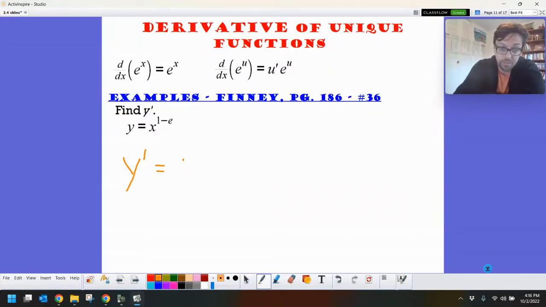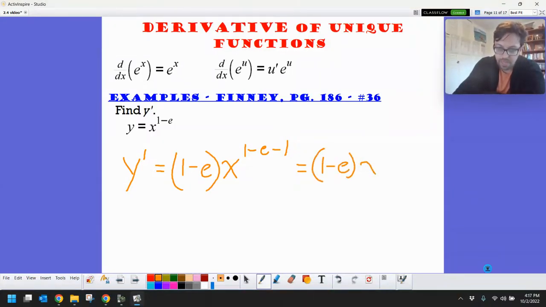We're going to drop our exponent, 1 minus e, and then we end up with x to the 1 minus e, and then doing our power rule says, hey, subtract 1 from that exponent. Think about 1 minus e as a number just like anything else. So I'm going to put parentheses around that to be proper. So we get (1 minus e) multiplied by x to the, well, 1 minus e minus 1 in that exponent is going to be negative e.